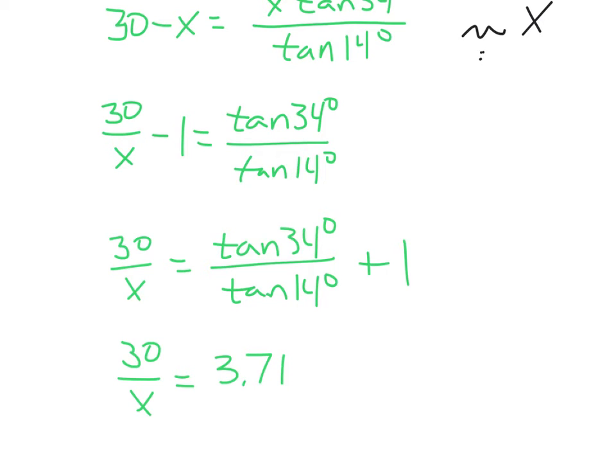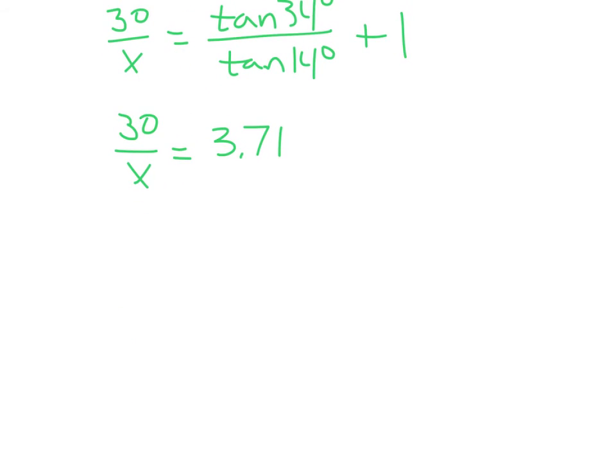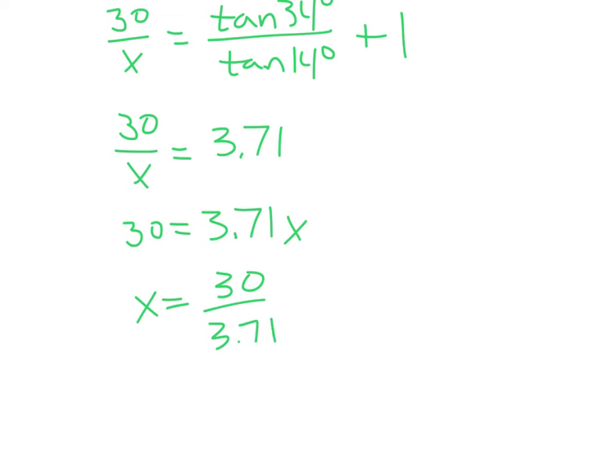Okay, and so now we're just going to multiply by x. And so then we'd have 30 equals 3.71x.